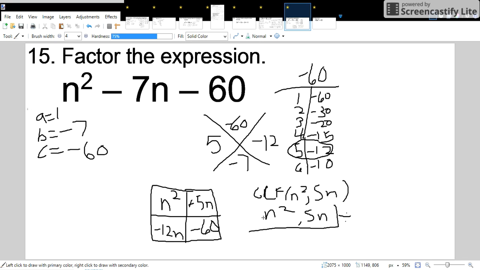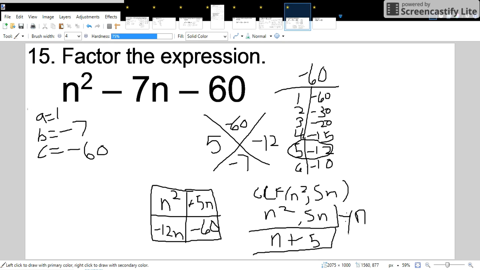Now, 1 is the only number you could factor out of this, but they both have the letter n, so you can factor out an n. So now you're going to divide both of these by n, and you're left with n plus 5.